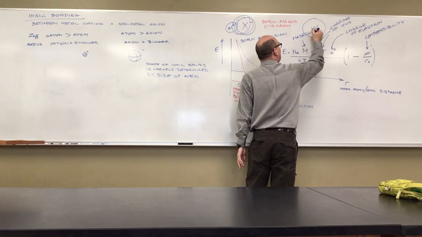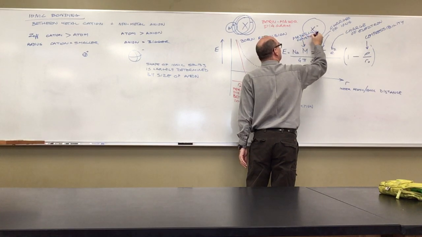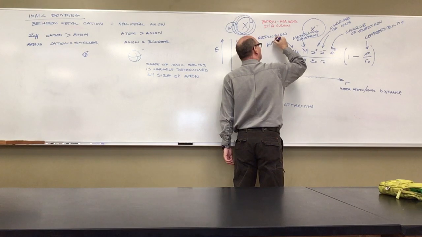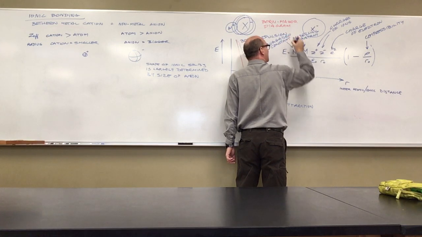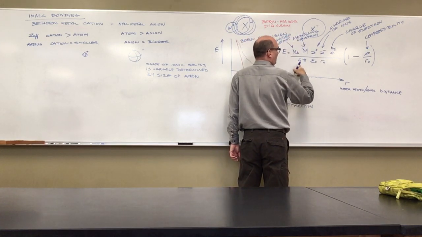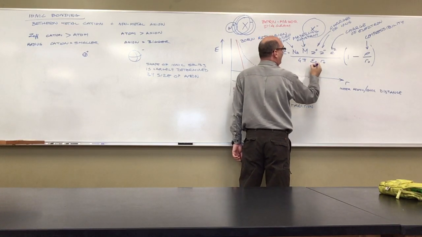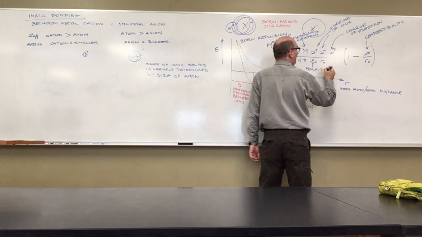This is the Madelung constant. And that is Avogadro's constant. 4 is an integer. Pi is pi. Epsilon is the permittivity.